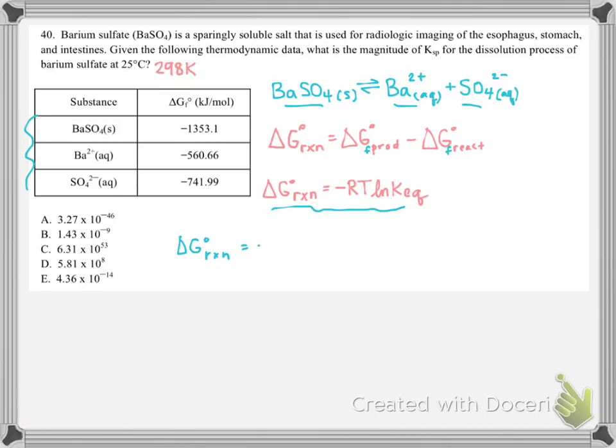So we'll have negative 560.66 kilojoules for the barium plus the negative 741.99 kilojoules for the sulfate. Now minus the products, which is just the barium, minus the reactants, which is just the barium sulfate. So negative 1353.1, and all of these numbers were in kilojoules per mole. So products minus reactants.